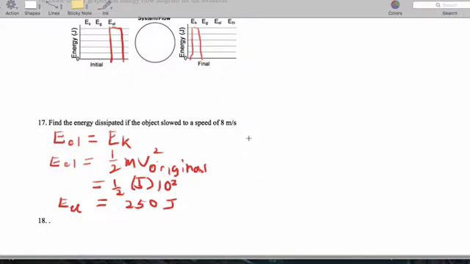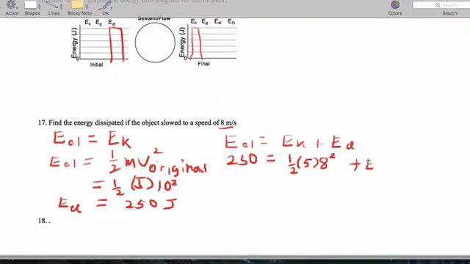Now we want to know the energy dissipated if its speed slowed to 8 meters per second. So now we're going to have E elastic equals E kinetic plus E dissipated. So we start off with 250 joules of energy, and this gets converted into some kinetic, 1/2 m v squared with v as 8, plus E dissipated.